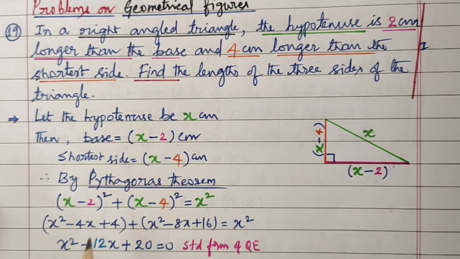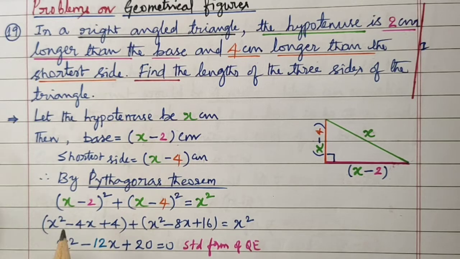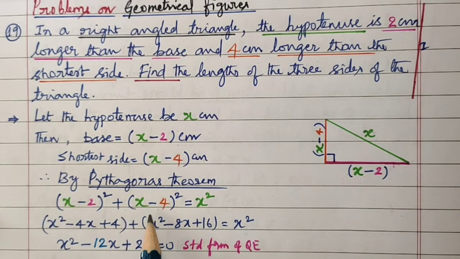By Pythagoras theorem, hypotenuse square is equal to base square plus perpendicular square. So x minus 2 whole square plus x minus 4 whole square is equal to x square.